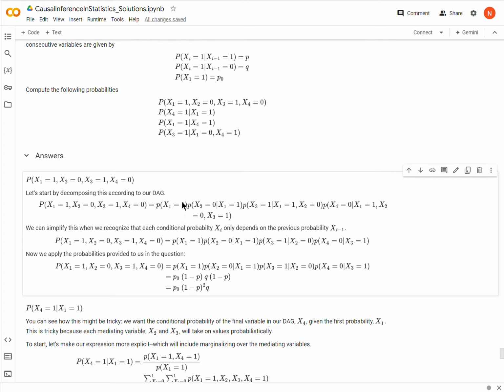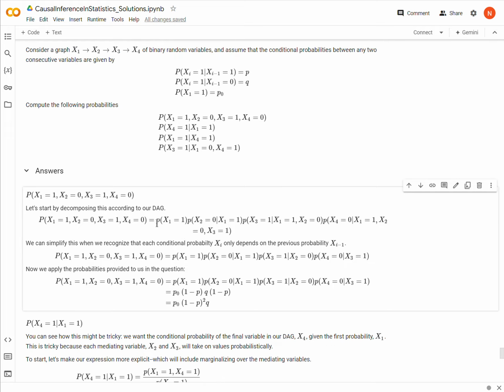So we might say, what is the probability that x1 equals 1, times the probability that x2 equals 0 given that x1 equals 1, and notice how that mirrors the causal structure implied by the DAG. x1 has no predecessors, x2 is dependent on x1, x3 is dependent on x1 and x2, and x4 is dependent on all its predecessors.